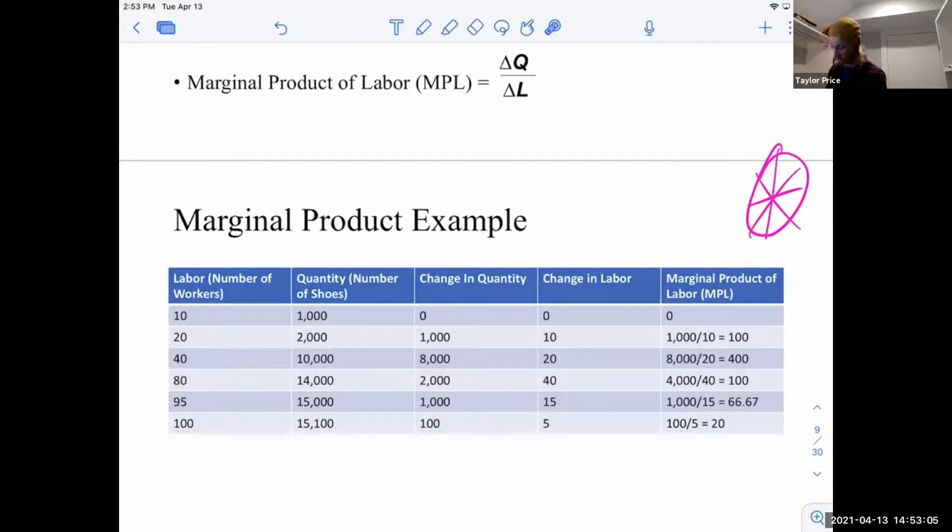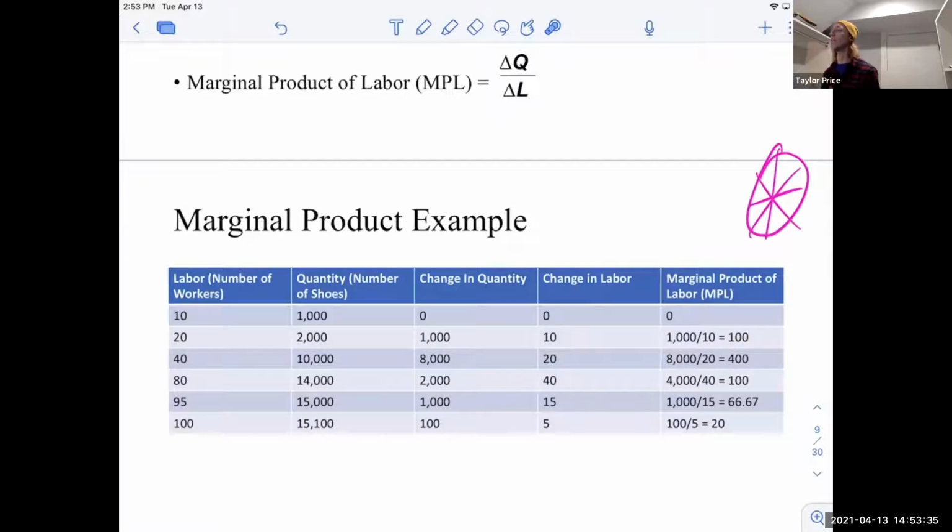We can see here that would be 1,000 additional quantity moving from 10 to 20, and then the change in labor, effectively moving from 0 to 10. Then we take those two over one another and divide, the change in quantity over the change in labor, to get 100.